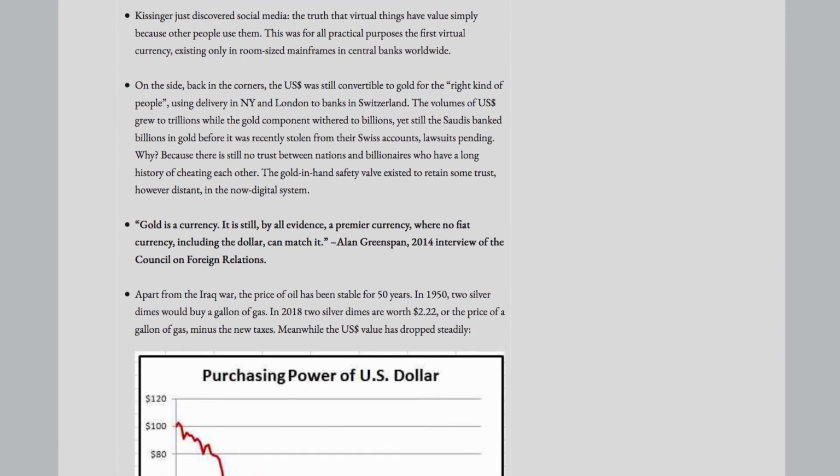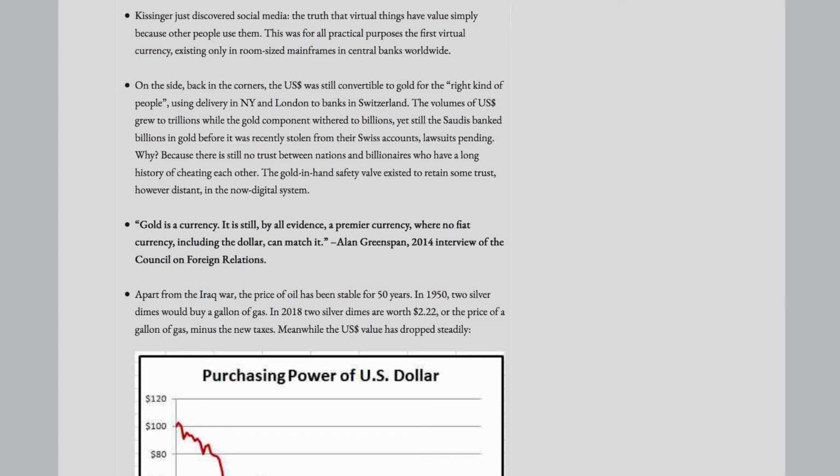Kissinger had just discovered social media, the truth that virtual things have value simply because other people use them. This was, for all practical purposes, the first virtual currency, existing only in room-sized mainframes in central banks worldwide.